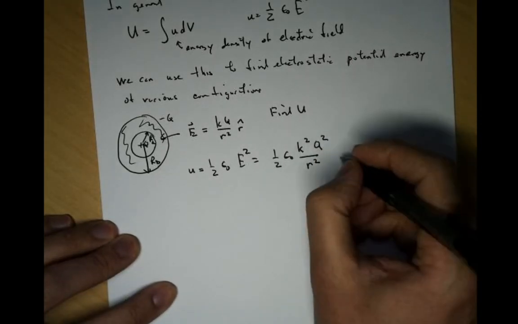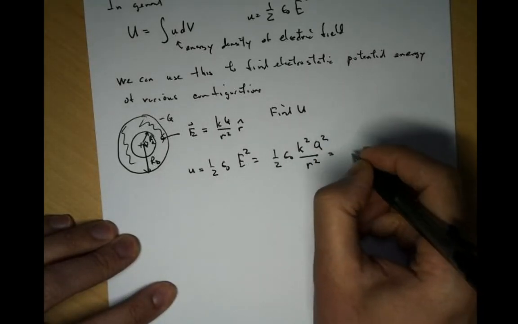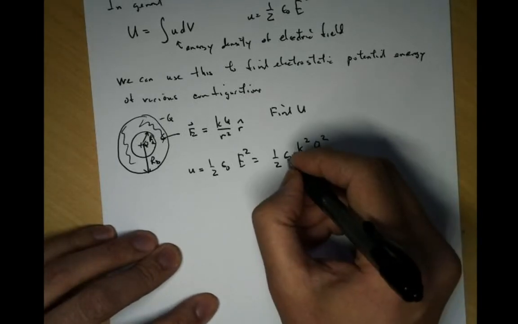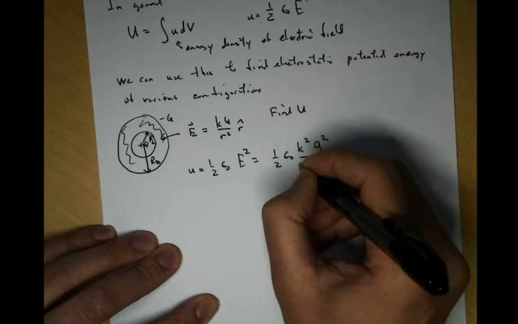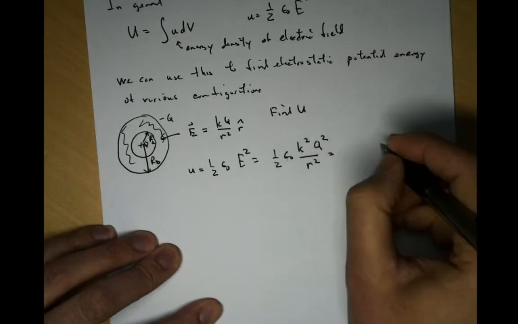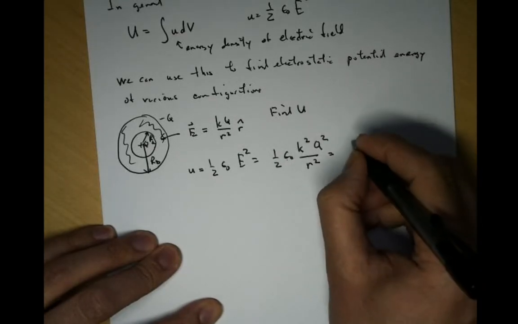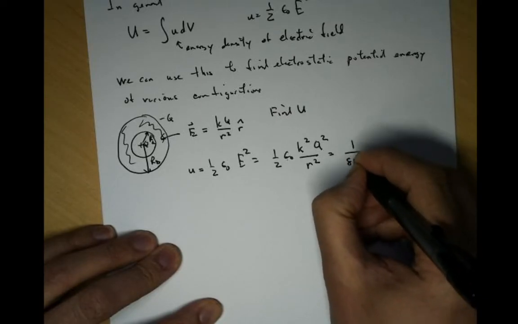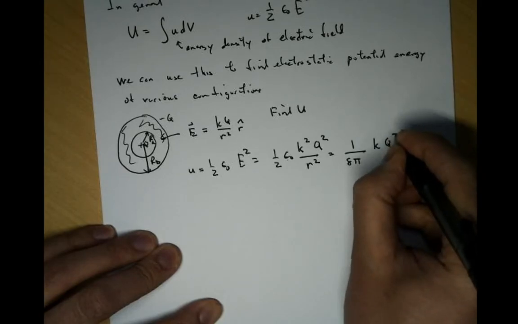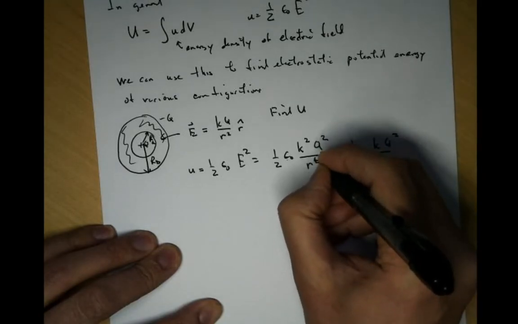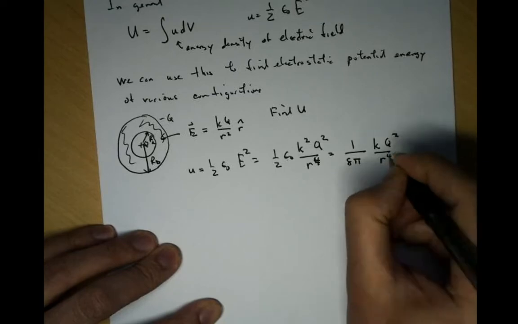All right. And so if I write this thing out, so the epsilon is related to K by 1 over 4 pi K. So it kills a factor K, so it's going to be equal to 1 over 8 pi K Q squared over R to the 4th now. All right.